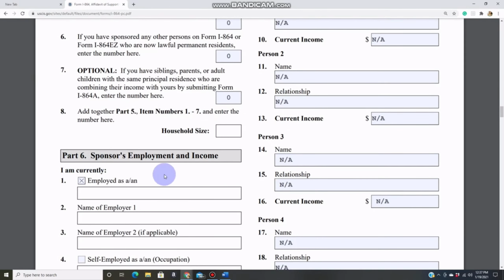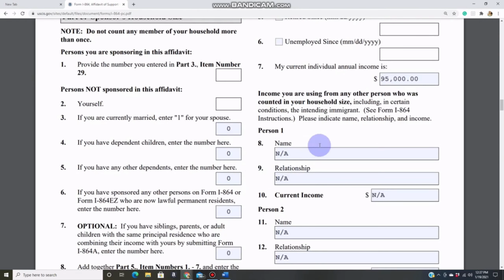So in part 6, item number 7, this is the total annual income of my petitioner. And item number 8, 10. In this part I write in A because we are not combining the income of my petitioner with any other household member. So this will be the equivalent of 0.